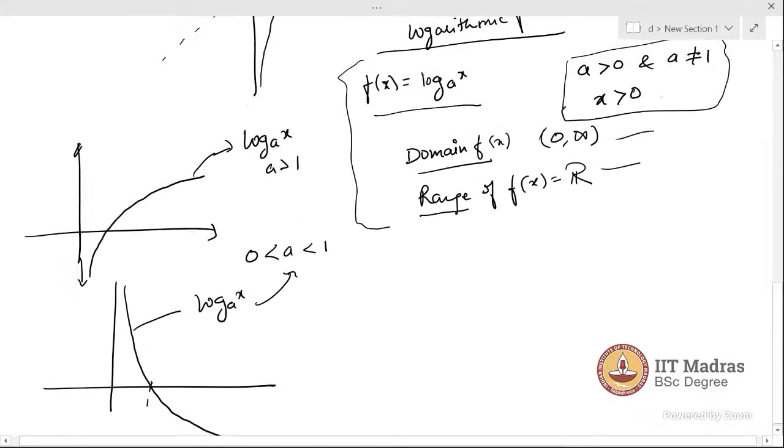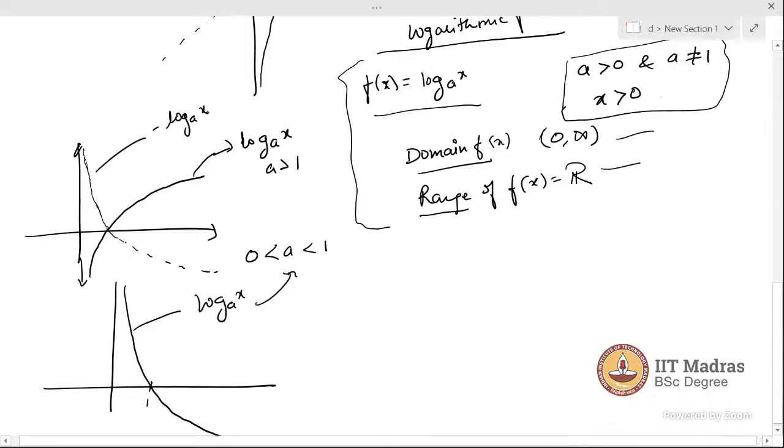Now this is how the graph looks. What if I take the negative, negative log ax? Then this will simply change its nature. It's going to be like this. So when I give negative log of x, it turns into something like this. This graph gets tilted like this.